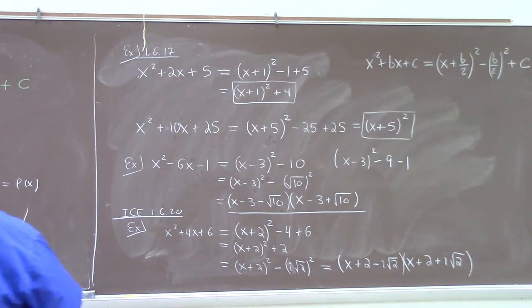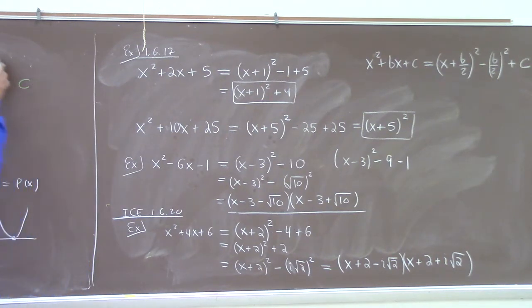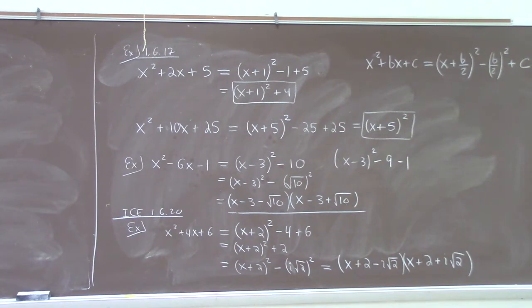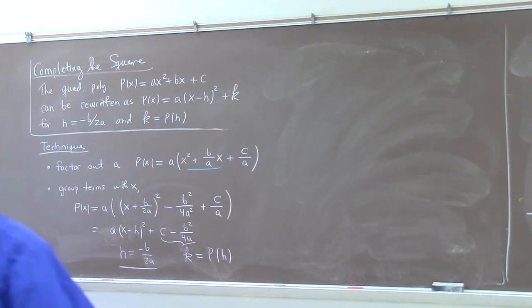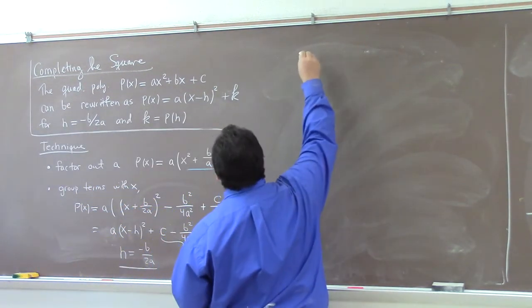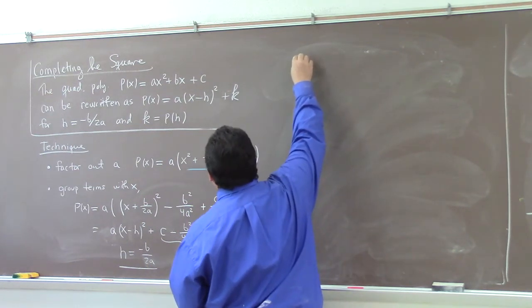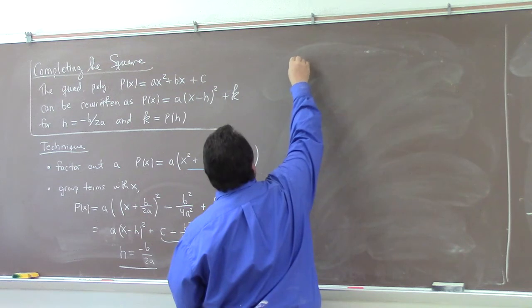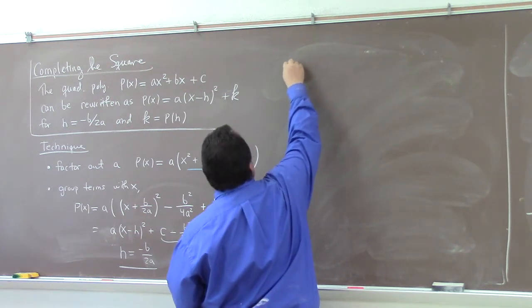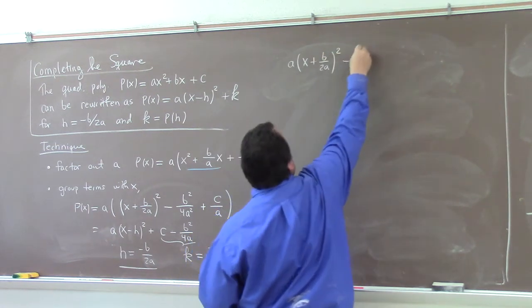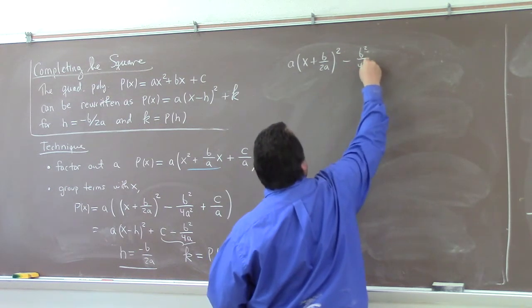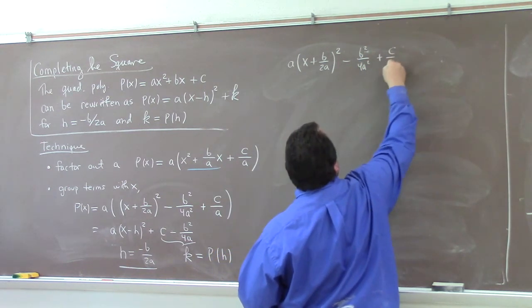So we have a times (x plus b over 2a) squared, minus b squared over 4a squared, plus c over a.